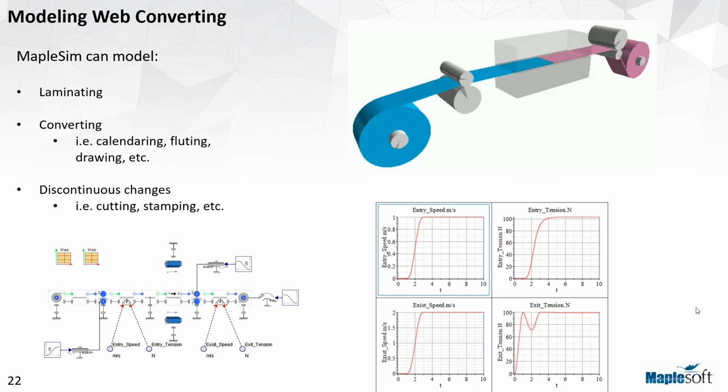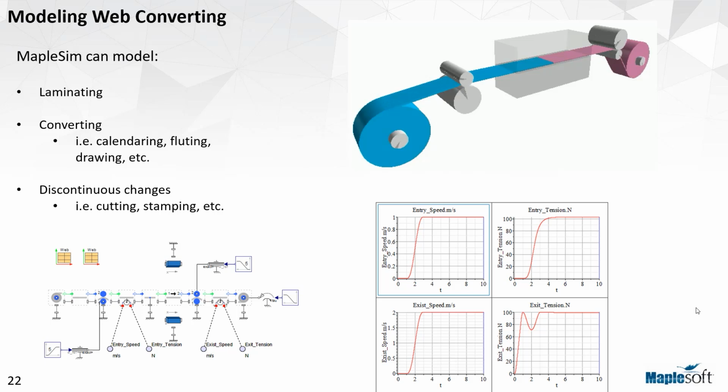So it might be something like calendaring, fluting, drawing, and so forth. And then lastly, we can do discontinuous changes. So this has an ingoing web of specific properties and an outgoing web of other properties without the conservation of mass. So something like cutting or stamping as an example.